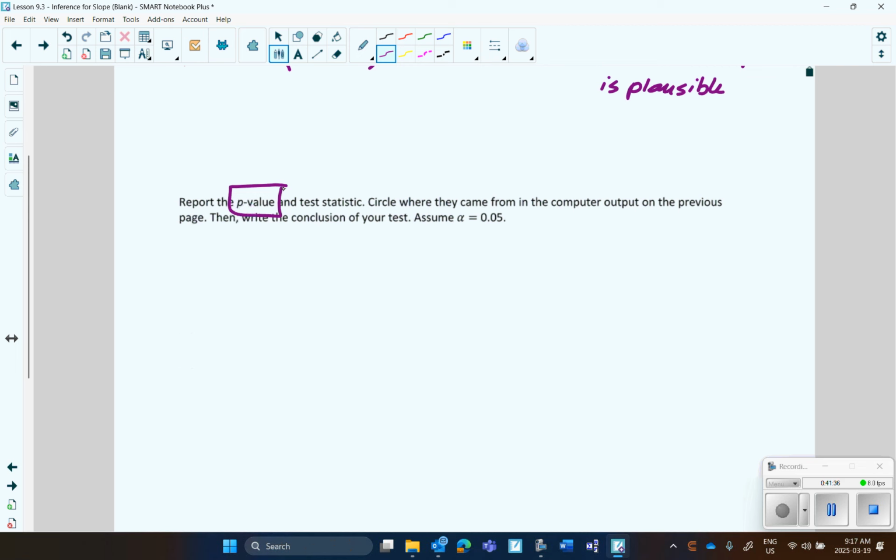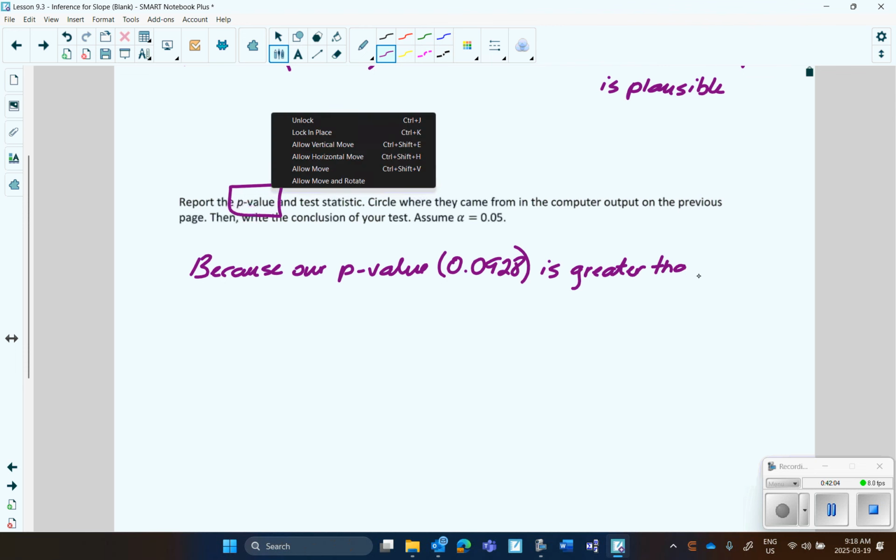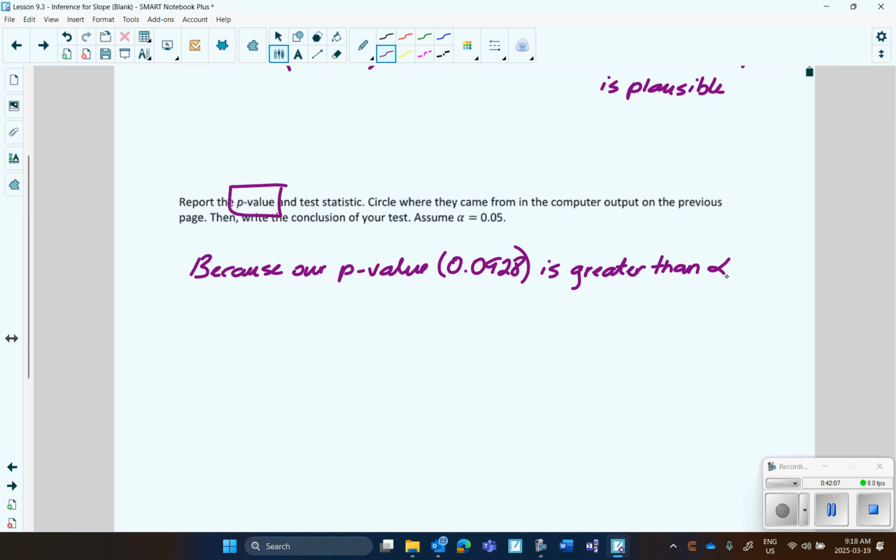So from the computer output table you were given, we would say because our p-value, 0.0928, is greater than alpha, we fail to reject H0.